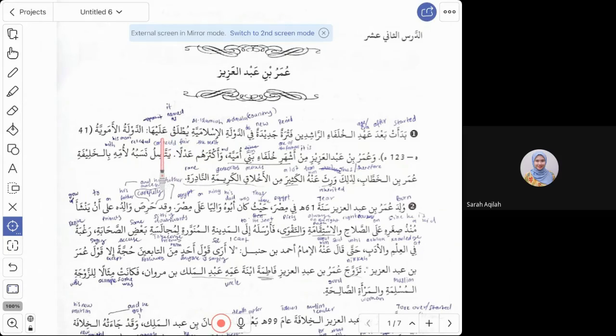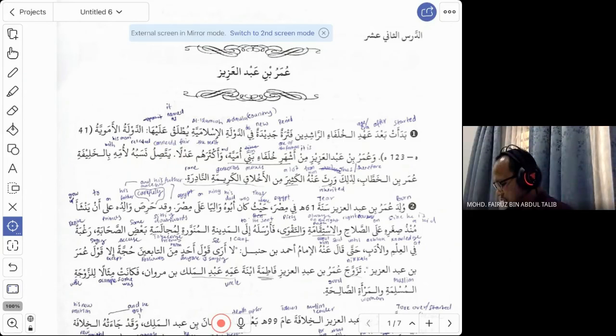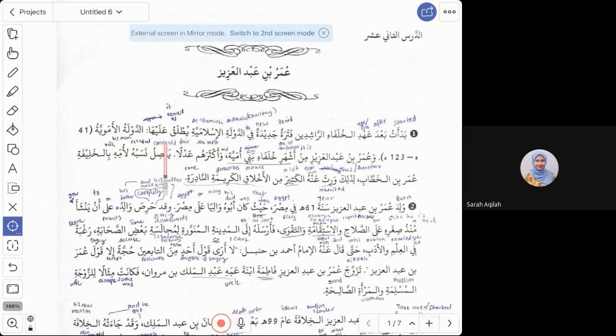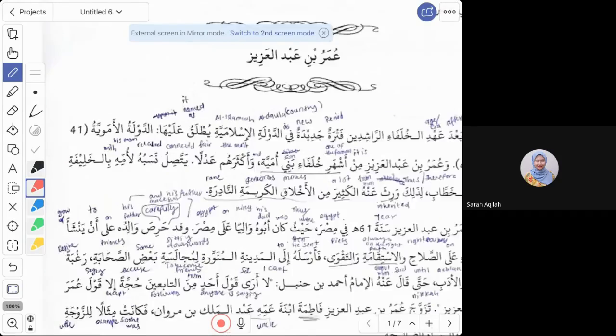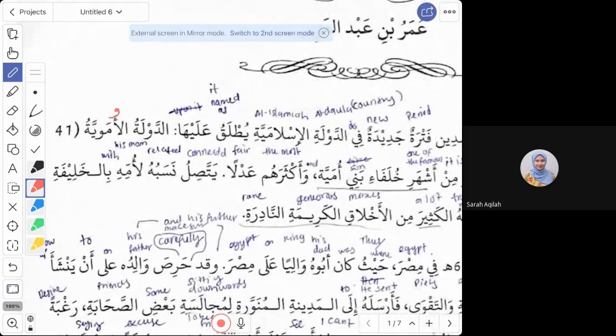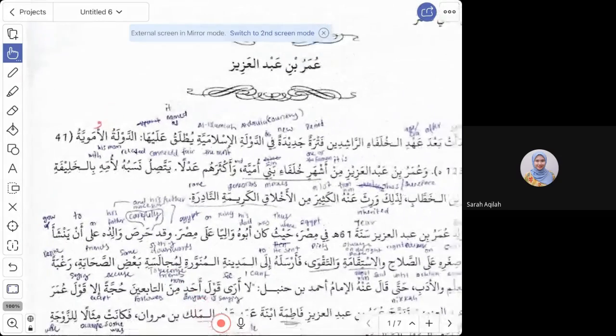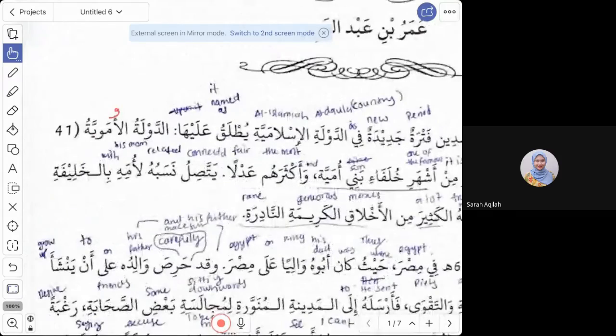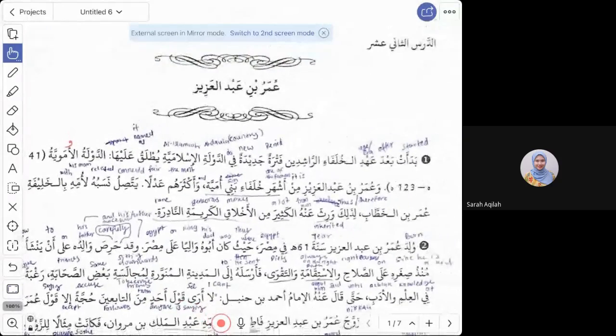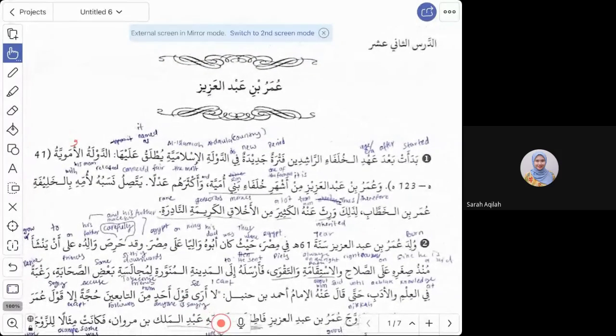Ad-Dawlatul Umayyah, 41 Hijrah to 123 Hijrah.